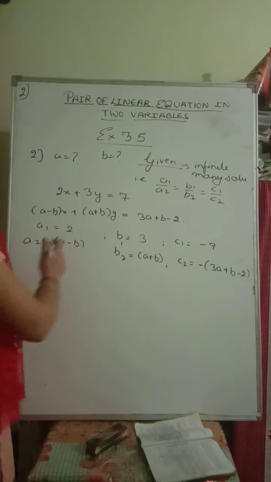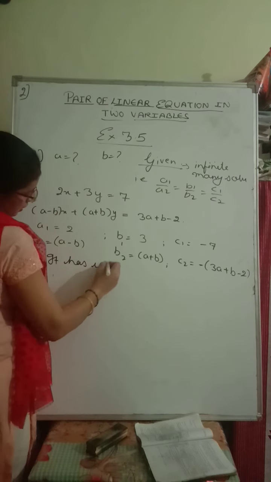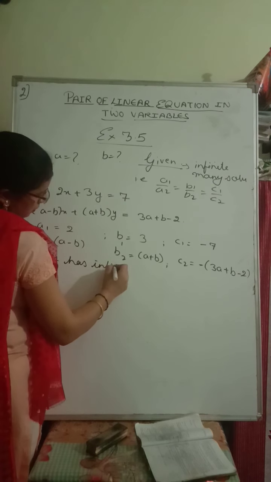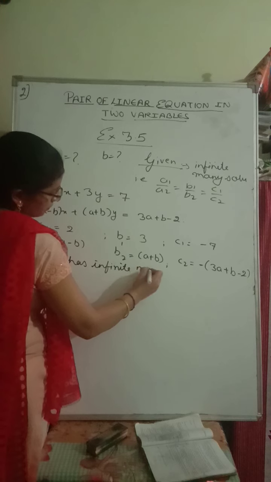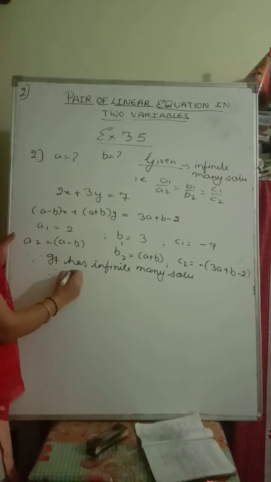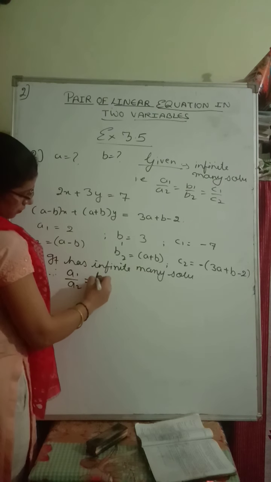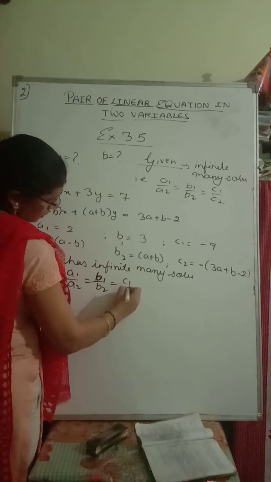Because it has infinitely many solutions, therefore we know a1 upon a2 is equal to b1 upon b2 is equal to c1 upon c2.